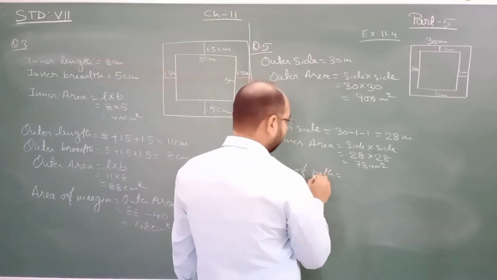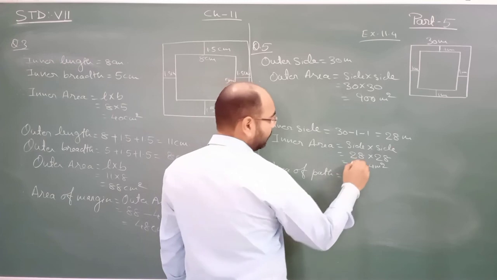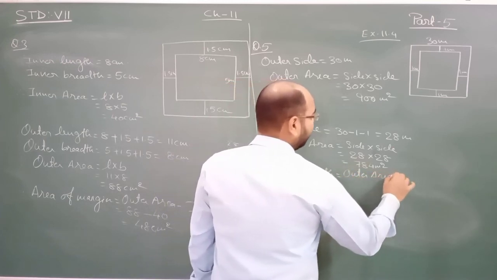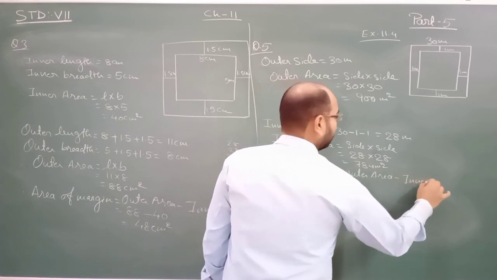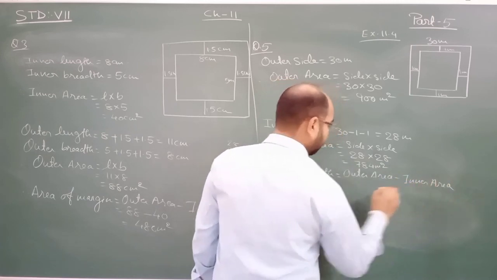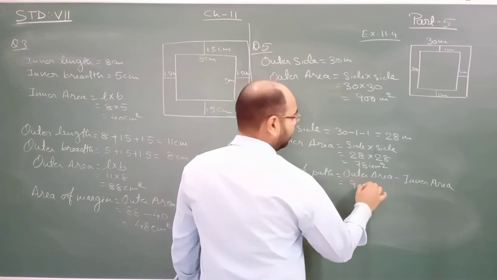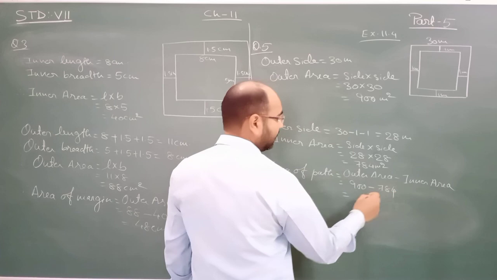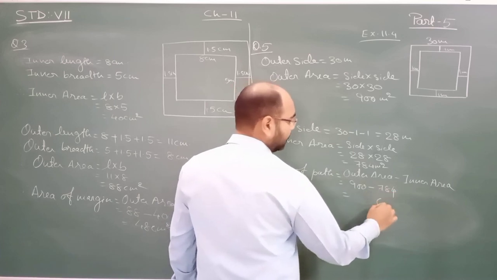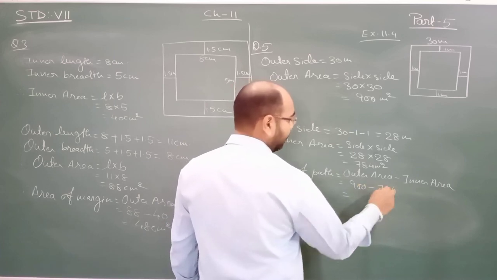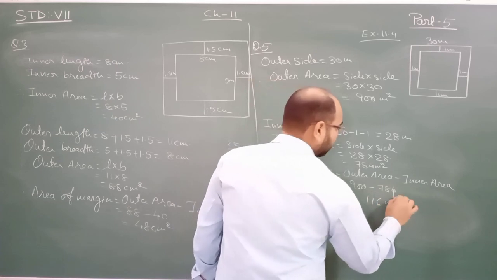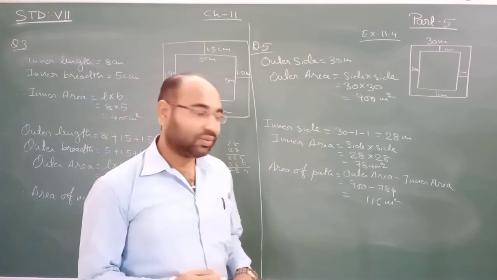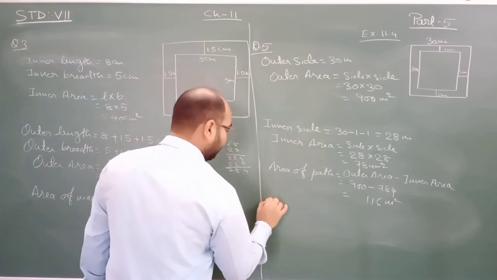Okay, so area of path is equal to how much, what, outer area minus inner area, that is 900 minus 784, so that will be 10 minus 4 is 6, 9 minus 8 is 1, 8 minus 7 is 1। ये किसका एरिया होगा, एरिया ऑफ पाथ, that is the first part of the question.